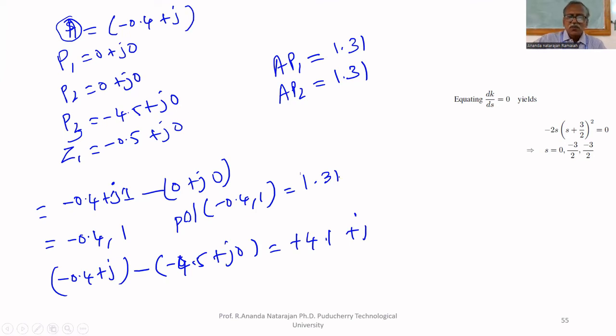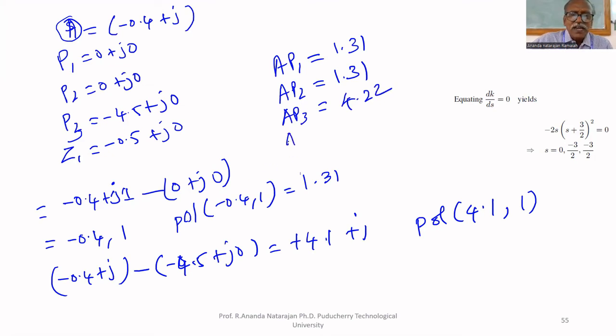Pass this to polar coordinate, 4.1, comma, 1, and you will get the magnitude. The distance between P3 and A can be obtained directly by calling the polar coordinate. AP3 distance equals 4.22.